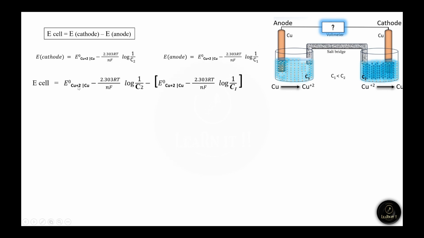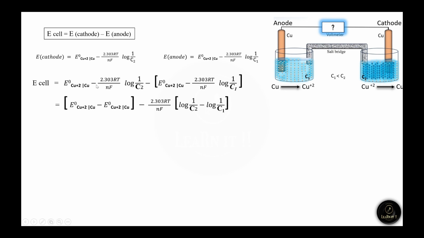So E of cell is equal to E naught of copper minus 2.303 RT by NF log 1 by C2, minus, bracket, E naught of copper minus 2.303 RT divided by NF log of 1 by C1, bracket complete. So here we are going to extract E naught of copper on the left side. E naught of copper minus E naught of copper will get cancelled.